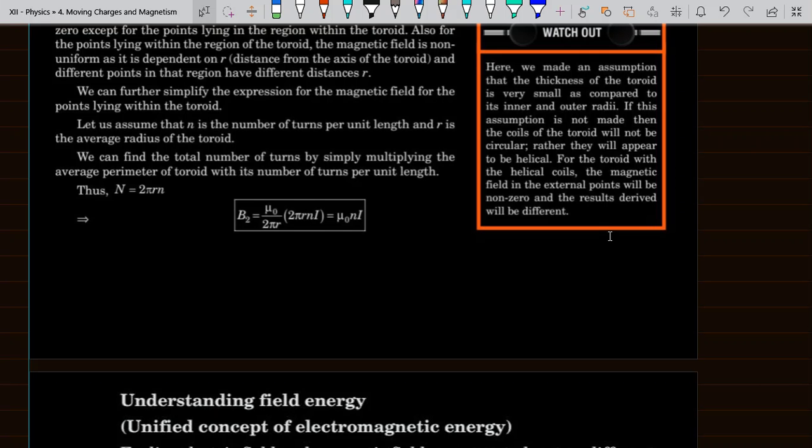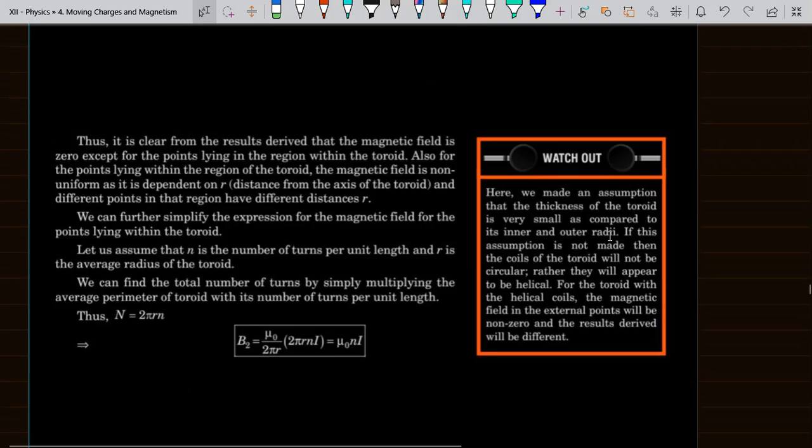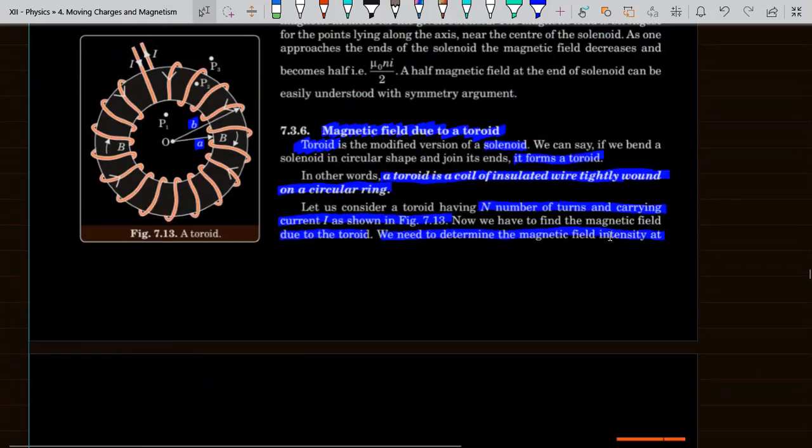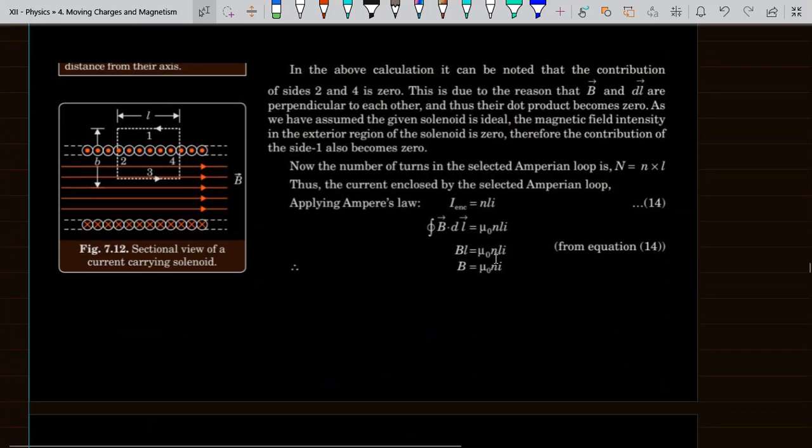2 pi r is the circumference and small n is the turns per unit length. So circumference, that is total length multiplied by turns per unit length, is equal to total number of turns, that is capital N. तो वो लोग ने और सिंप्लीफाई करके इसको म्यू नॉट अपॉन 2 पाई आर इंटू 2 पाई आर n I, कैपिटल N I की जगह पे 2 पाई आर स्मॉल n I लिखा है. 2 pi r cancels out, so mu naught n I, that's the same thing mu naught n I, which we got in the case of solenoid.